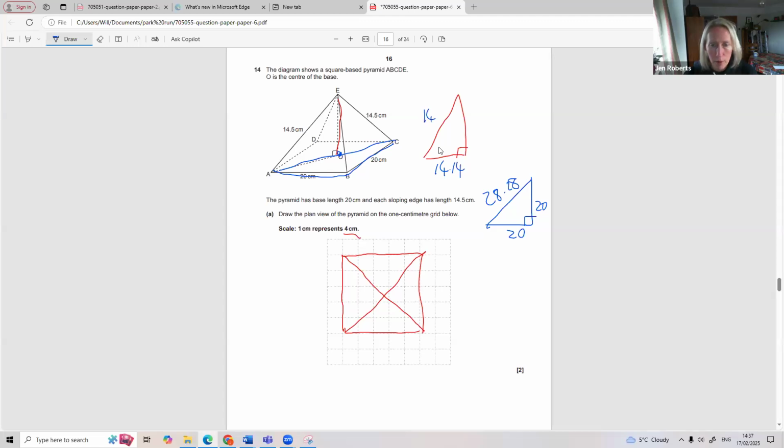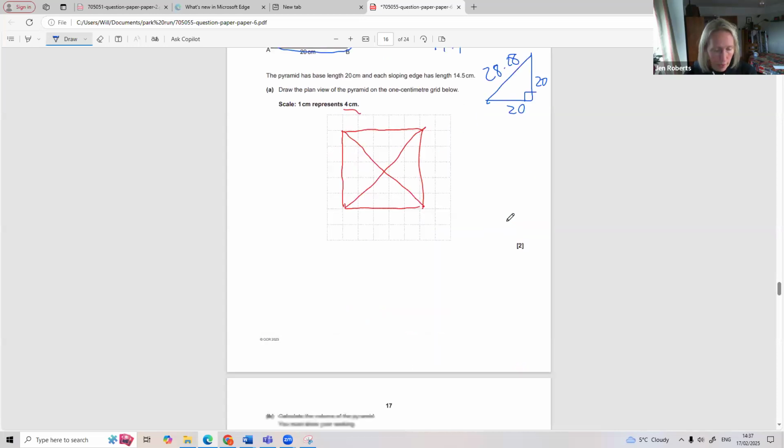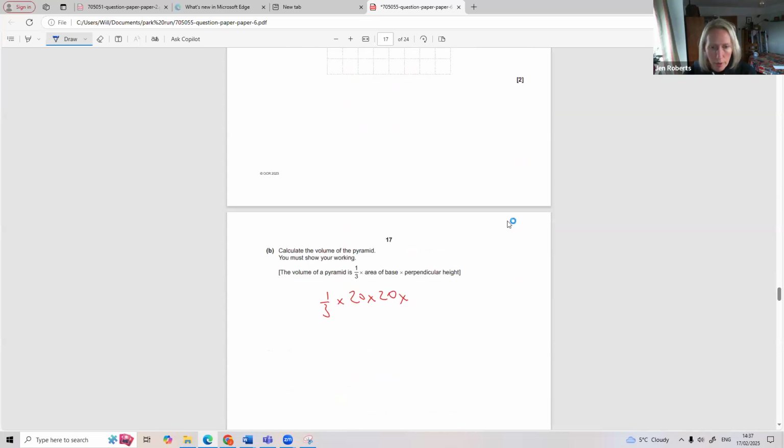The hypotenuse is 14.5. We have the hypotenuse and one of the shorter sides, so it's the square root of 14.5 squared minus 14.14 squared. So we have found our height to be 3.21.